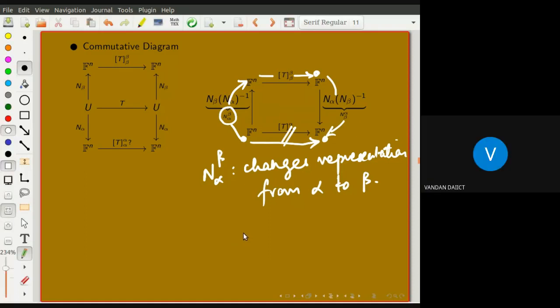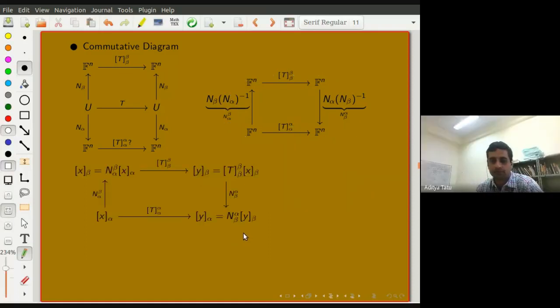Yes. Okay. So if I start with the representation of x in the basis alpha, then first I change its representation to beta. Okay, so I get x beta, which is N alpha beta, which remember is a matrix. So this I can multiply to the column vector x alpha.